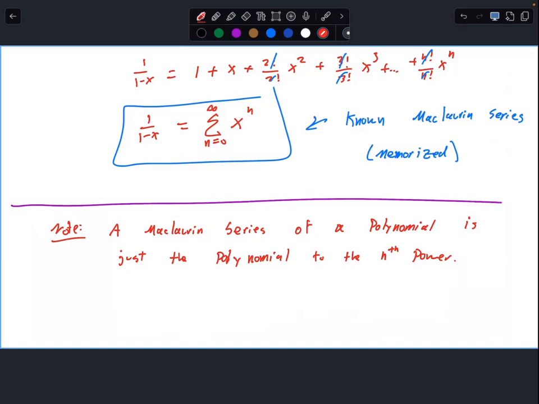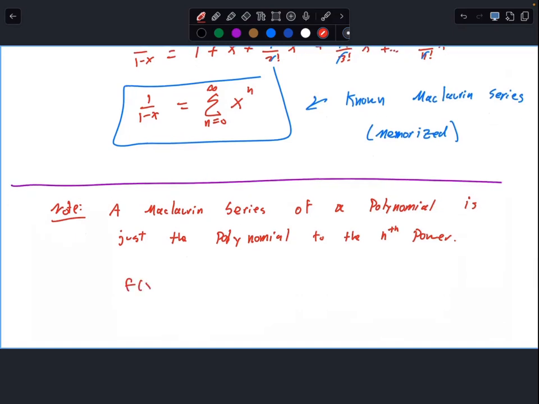What I'm trying to say is that if f of x was equal to x cubed and we went through this entire process all over again, you would get 0 for the first one, plus 0, plus 0, plus 3 factorial over 3 factorial x cubed. Then it's going to be plus 0, plus 0, plus 0. And so all we get is that x cubed.